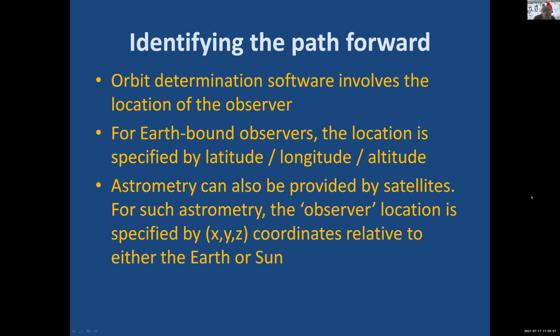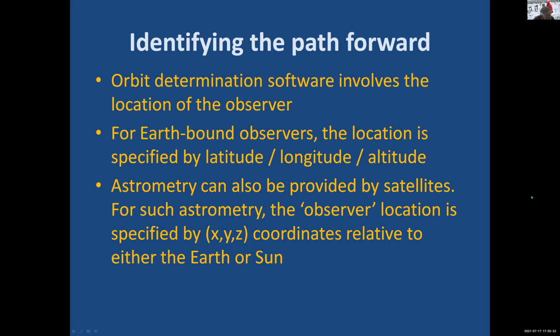So how did we move forward from this? Orbit determination software involves the location of the observer. If you're on the Earth, you specify latitude, longitude, and site altitude, and that gets converted to a position in space, and the orbit software uses that. But we also have astrometry being reported from a number of satellites, such as the Hubble Space Telescope and various other ones.